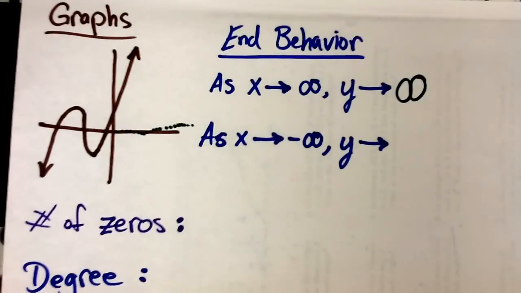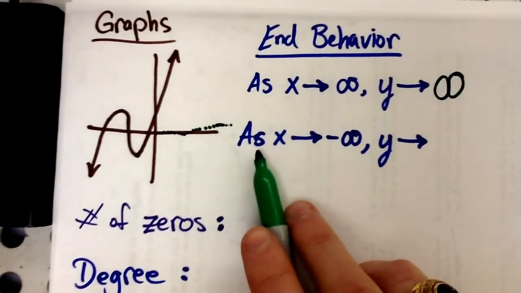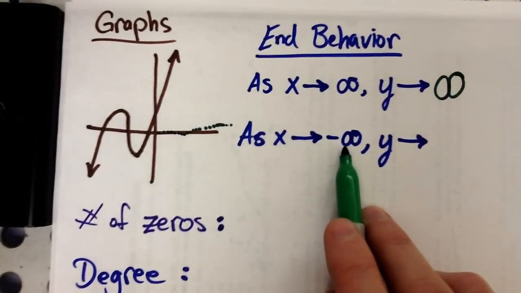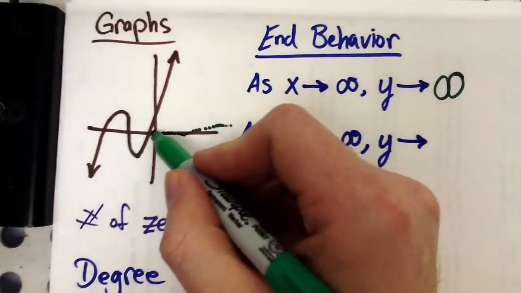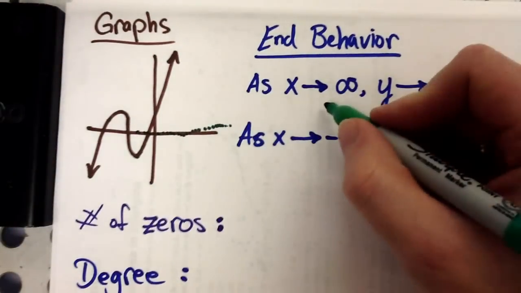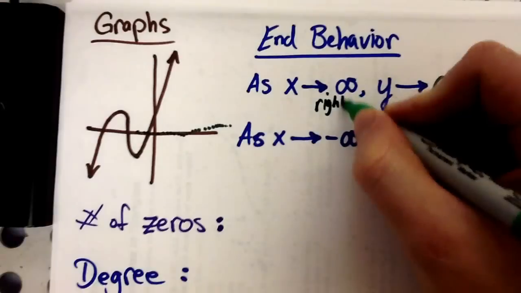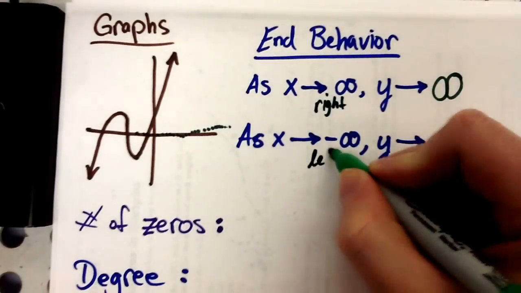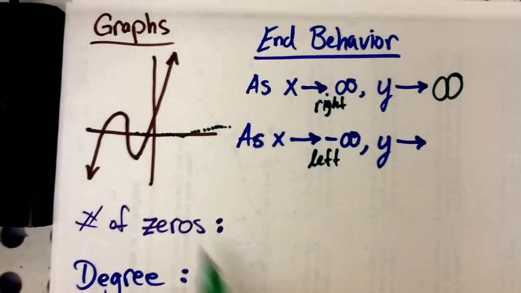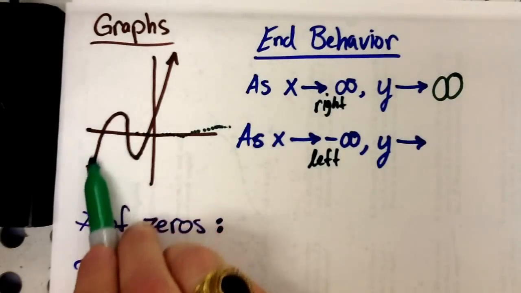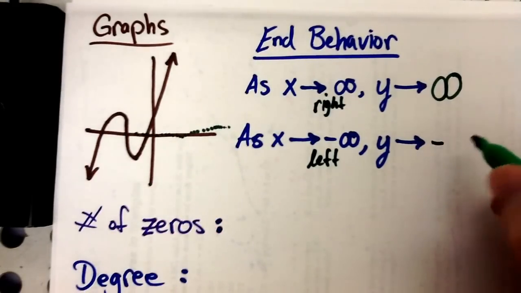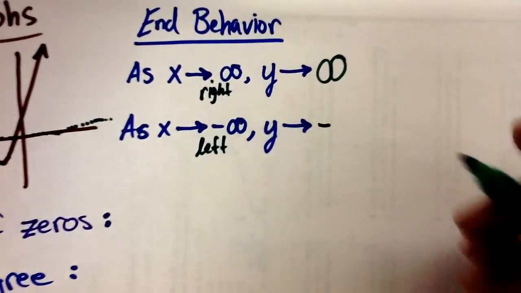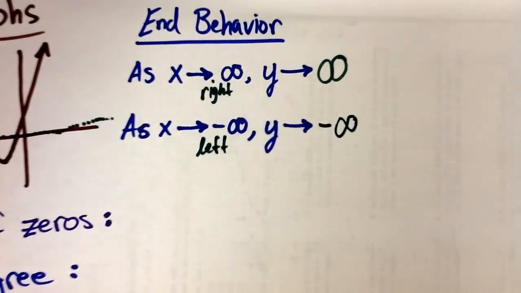Simple as that. The other way is x goes to negative infinity. That's going the other direction. To put it simpler, what happens as x goes right, what happens as x goes left. Well, as x goes left, we're going down toward negative infinity. And that's how you answer those.